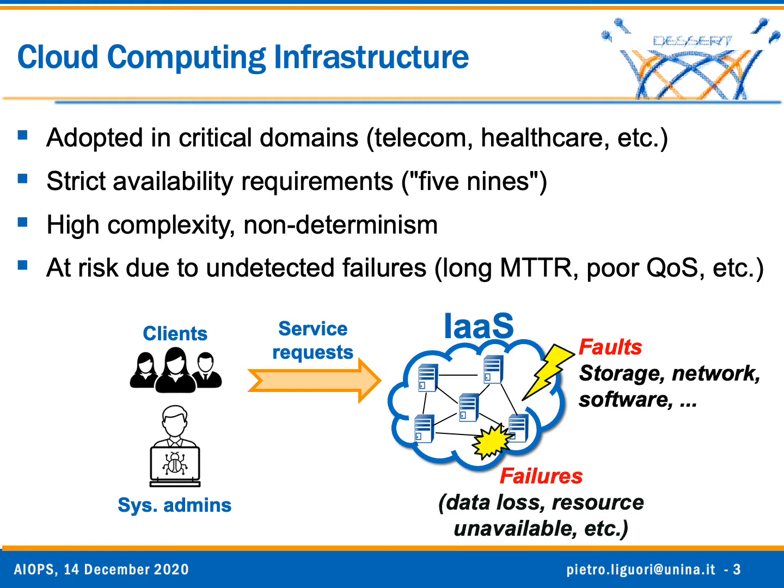Any fault in the system related to the storage, network, software, and so on can cause a failure of the system itself. For example, data loss or unavailable resources. The complexity and non-determinism make difficult the quick detection of the failure, leading to a long mean time to repair and a poor quality of the services.